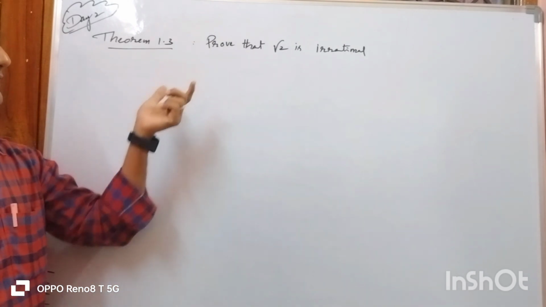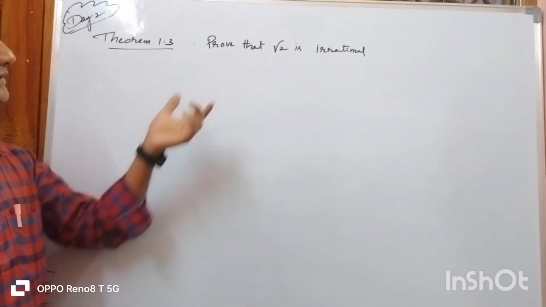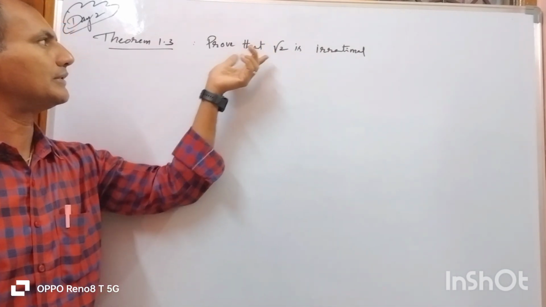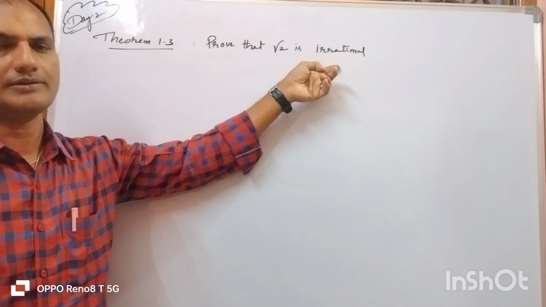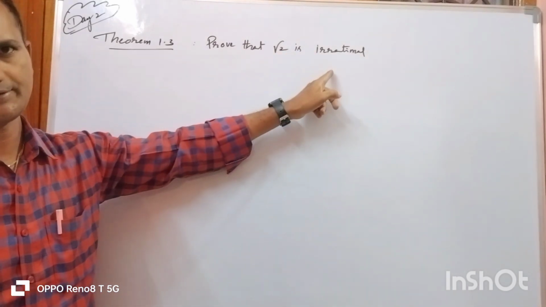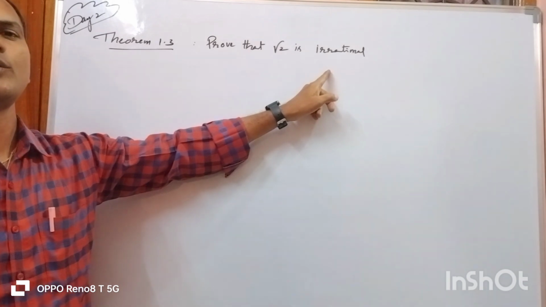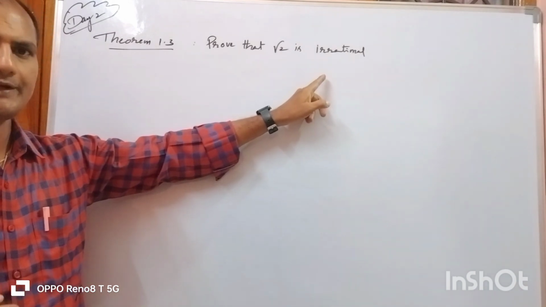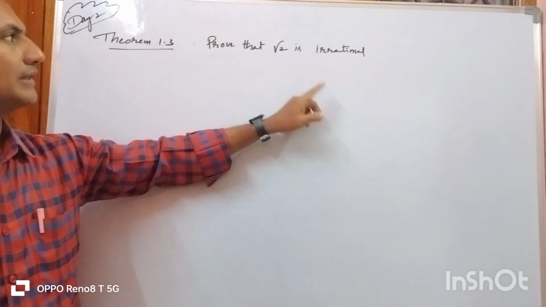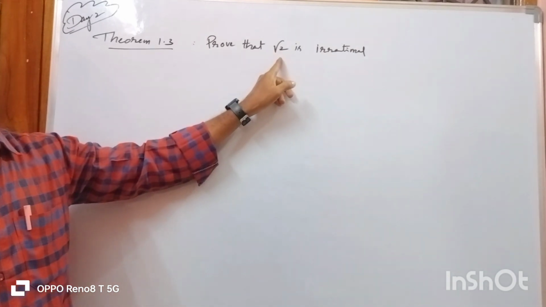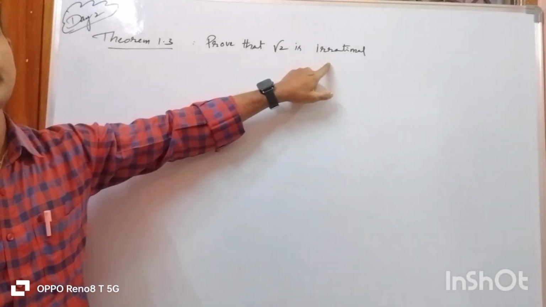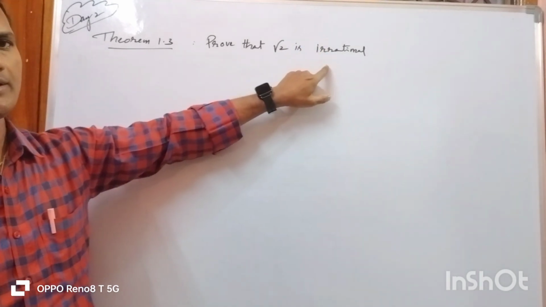In contradiction we assume the opposite of what we have to prove. Then whatever we assumed is wrong. We can prove that root 2 is not rational, which means definitely it is irrational.